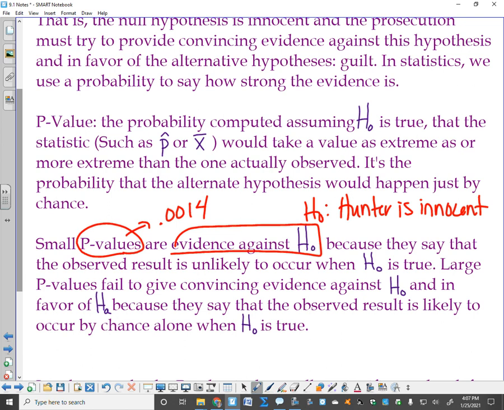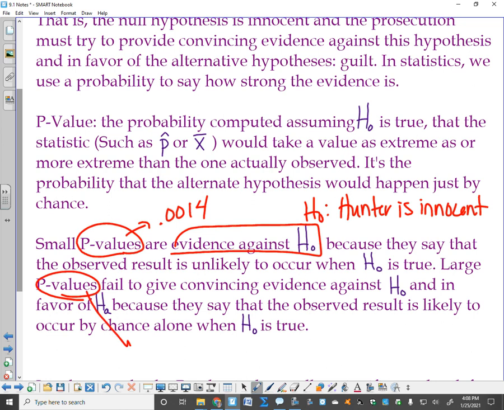Because they say that the observed result is unlikely to occur when H sub O is true, large p-values fail to give convincing evidence against H sub O and in favor of H sub A, because they say that the observed result is likely to occur by chance alone when H sub O is true.